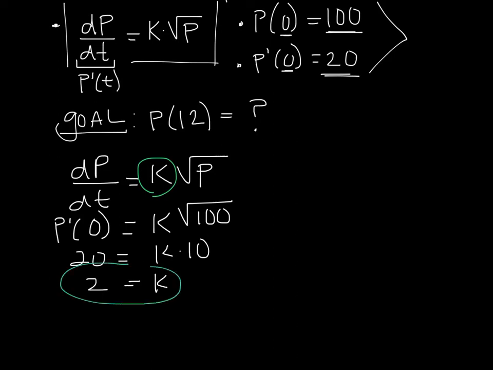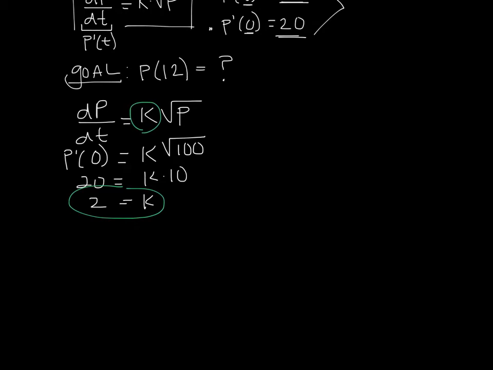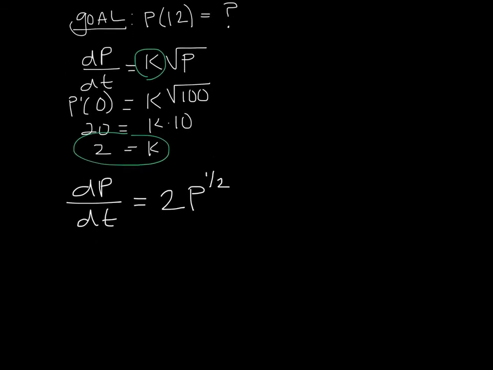So our k is 2. Now we can use our k. We have dP/dt equals 2 times the square root of P, or I'm just going to write P to the 1/2, because we're going to integrate soon and want to use the power rule. We have our differential equation, and we know what k is. This looks like we can separate the variables.